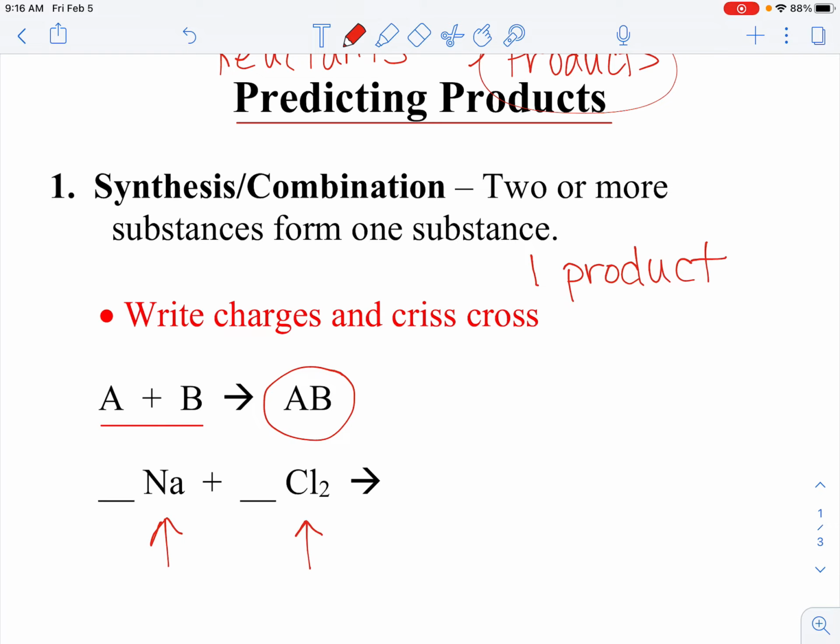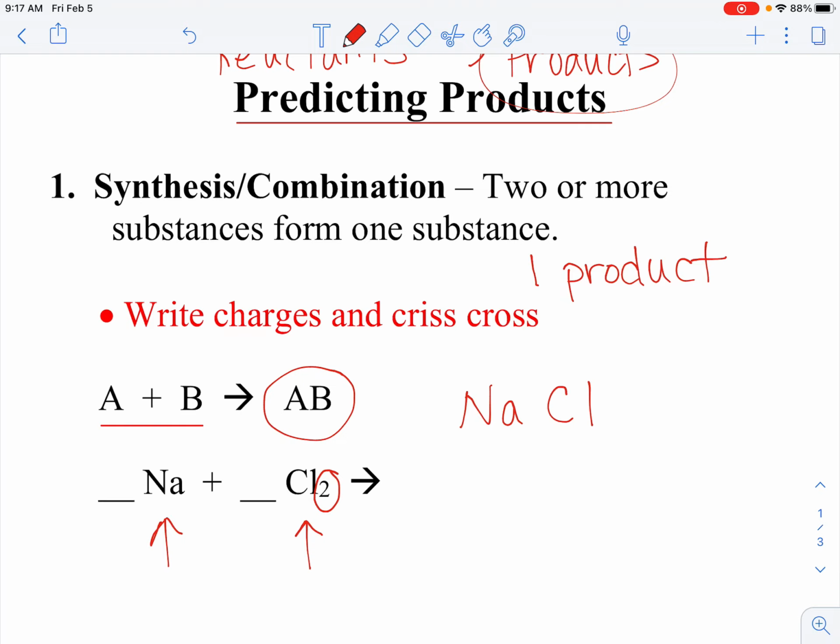However, you need to write their charges and crisscross like we did first semester. So in this reaction, when sodium and chlorine are added together, we know the final product will have sodium and chlorine in that final compound. We need to look at the charges and balance them out to figure out the correct formula.